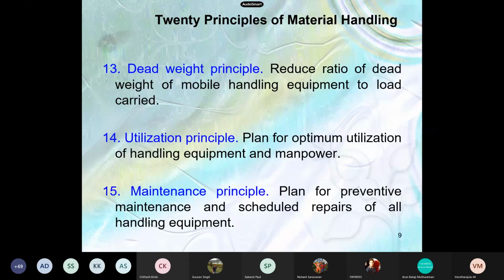And the dead weight principle: reduce the ratio of dead weight of mobile handling equipment to load carried. And utilization principle: optimal utilization of handling equipment and manpower should be essential. And the maintenance principle: preventive maintenance and scheduled repairs have to be considered before handling.